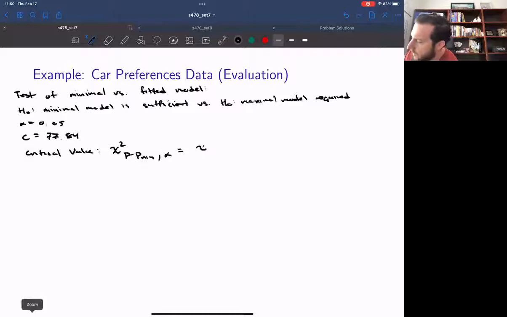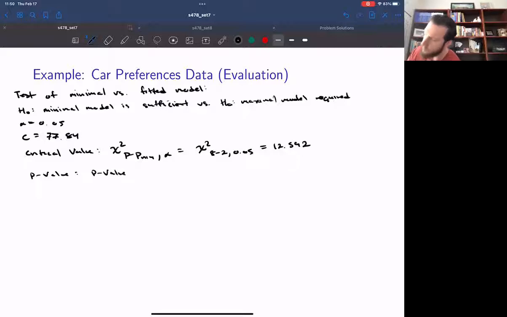So this is going to be a chi-square on 8 minus 2, 0.05. So this is a chi-square on 6, 0.05, which is 12.592.